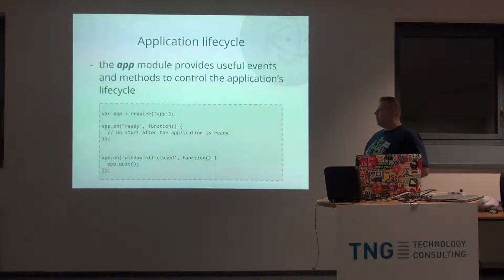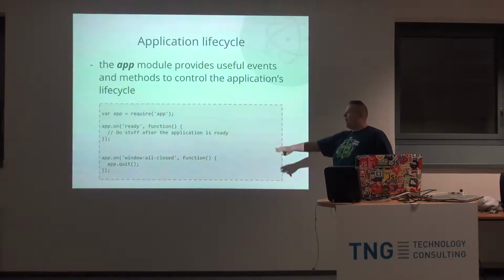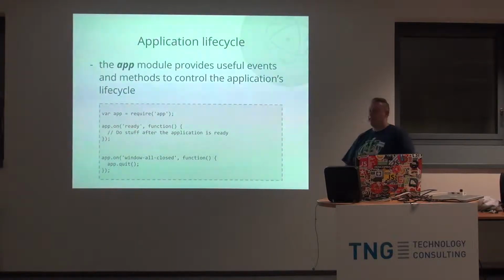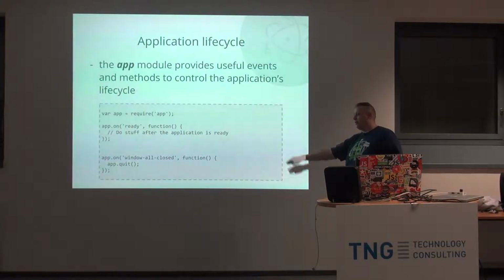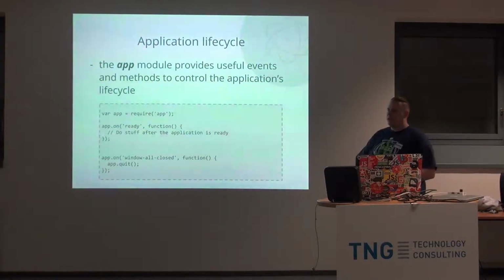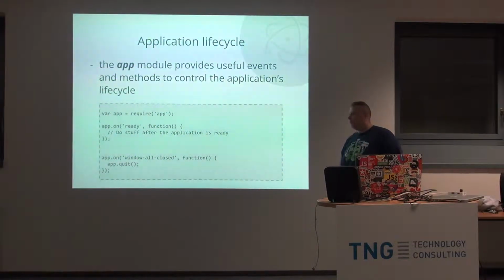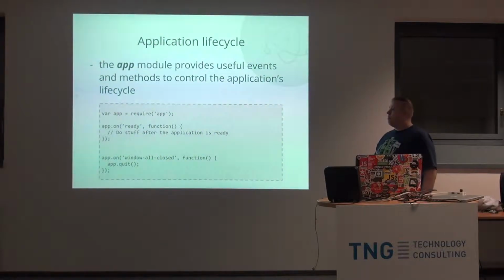So how would something like this look in the main.js file? You would require it, and on various events you can do stuff. So when your app is ready, so Electron has gone through its whole initialization process, you can do stuff after it's ready. If you've closed all your windows, it would be pretty nice if the app also quit and not be left lingering somewhere in your memory.